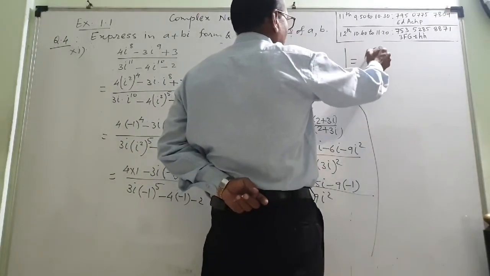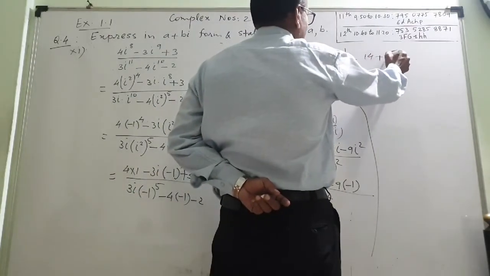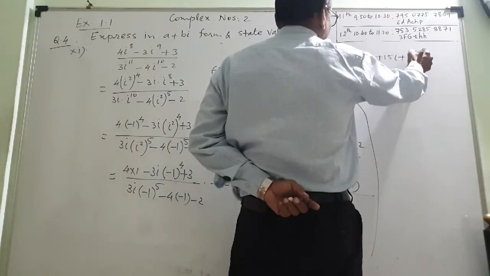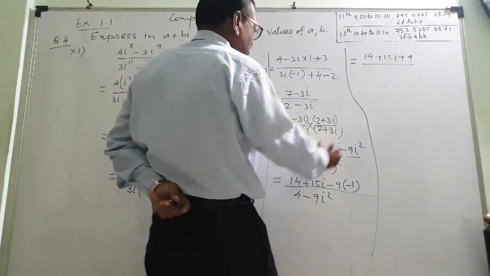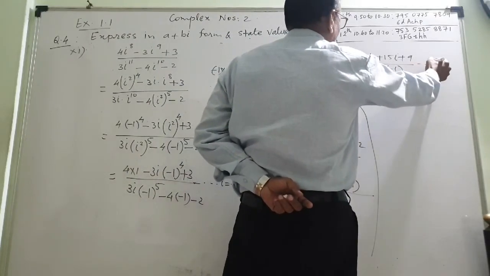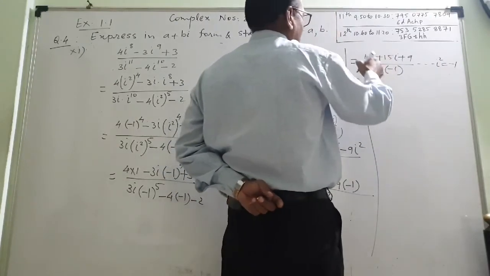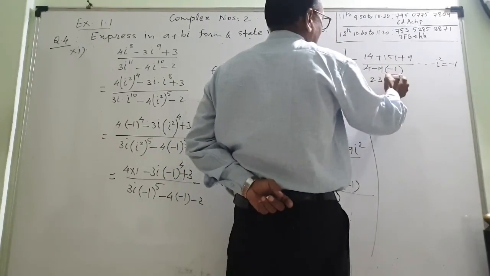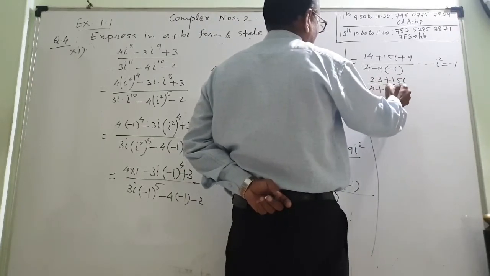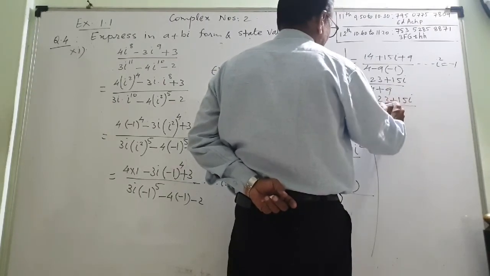That is equal to 14 plus 15i, minus this minus plus 9 upon 4 minus 9 into i square, meaning minus 1. That is equal to 14 plus 9 is 23 plus 15i upon 4 plus 9, that is equal to 23 plus 15i upon 13.